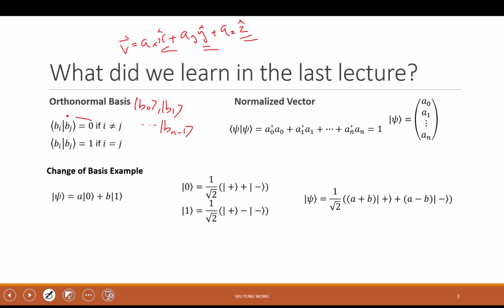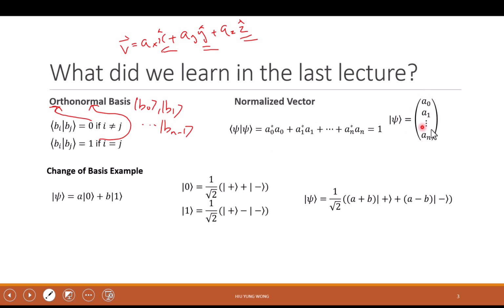And if they are the same, the inner product with itself, we want that to be 1, which means it is normalized. That's why it's called an orthonormal basis. This is not difficult to understand if you think about the real 3D space. x-hat dot x-hat is 1, but x-hat dot y-hat is going to be 0, right?